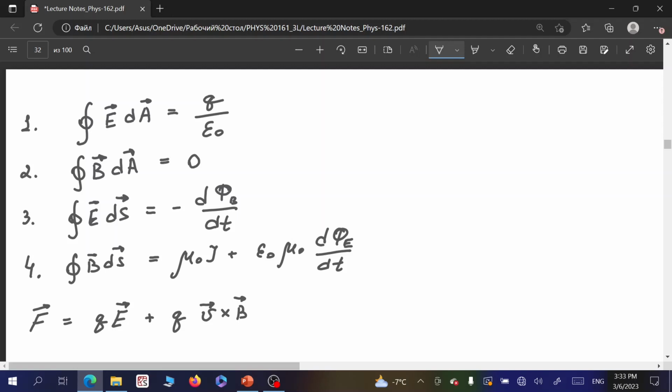So together, these four equations are the system of Maxwell equations, and this one is the Lorentz equation. Together, they provide complete information about the electromagnetic field and also the force exerted on an electric charge placed in this electromagnetic field.